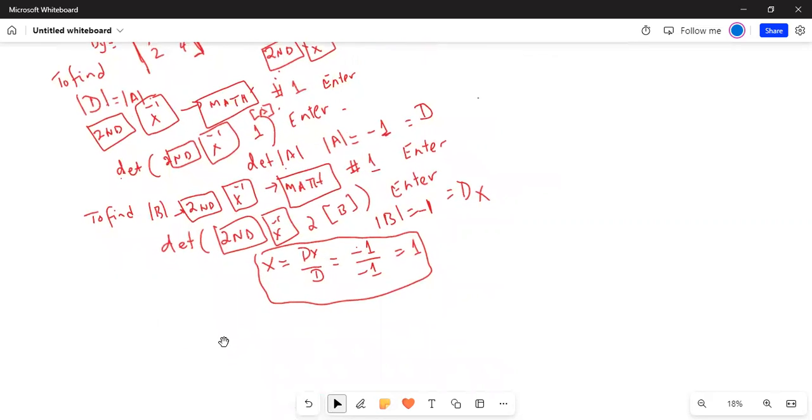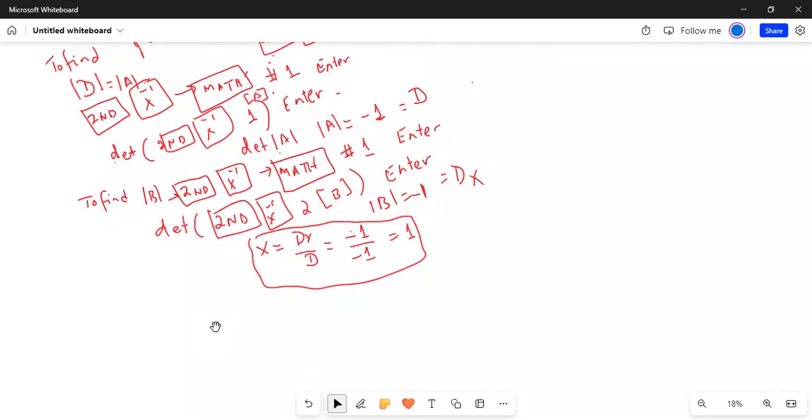I'll move it up here a little bit, and maybe I'll write in blue color. So to find C prime, enter the components of matrix C.